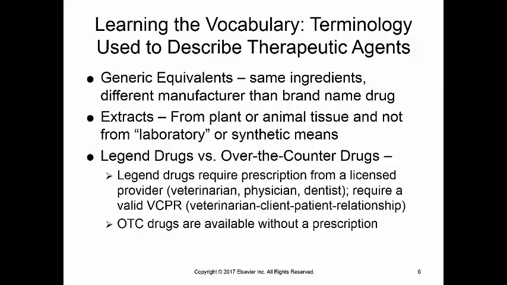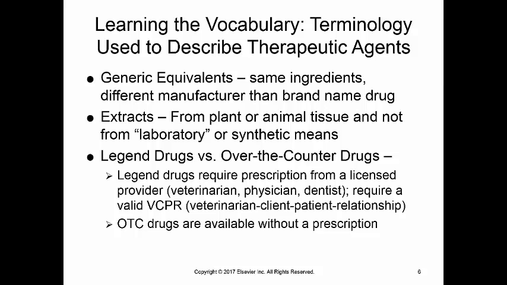Next we have legend versus over-the-counter. And so a legend drug requires a prescription from a licensed provider. That would be a veterinarian, physician, dentist, somebody like that, that has the legal ability to prescribe a drug. In veterinary medicine, that's going to be the veterinarian. In human medicine, we do have things like physicians, dentists, physician assistants, nurse practitioners, different people that can write a prescription.